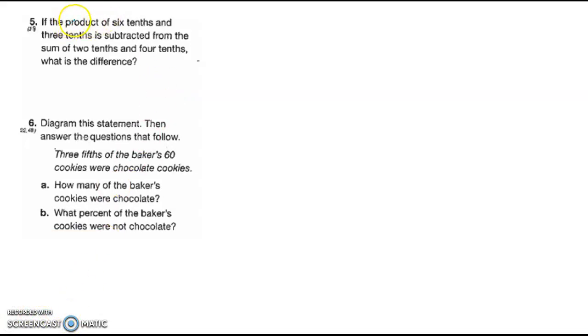Okay. If the product, so I'm multiplying something, of 6/10, so I'm going to go ahead and do this as a decimal. So 6/10 and 3/10, so I'm multiplying 6/10 and 3/10. That's the product. If this is subtracted from the sum, so that's addition, I have 2/10 plus 4/10. What is the difference?